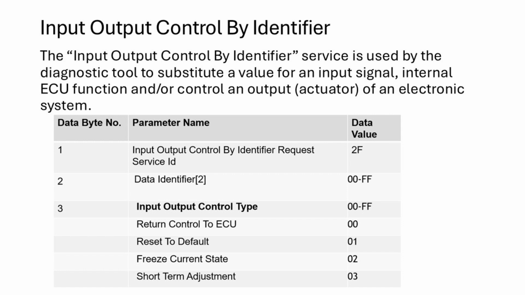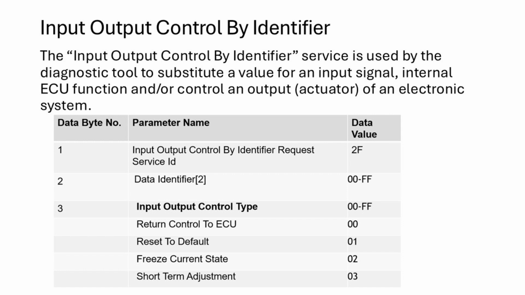So here is the request and response. The input output control by identifier request has service ID 2F and a data identifier. For example, F190, I'm just taking an example. Then you can see reset to default value, freeze to the current state, and short term adjustment.